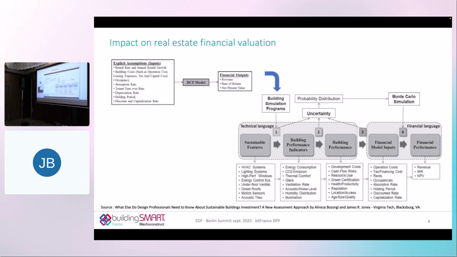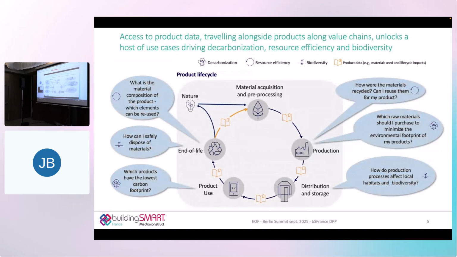So the question is how the work we do on the digital product passport, on better materials, on better construction processes, on better shapes, on having better buildings, can provide value and enable value creation for the rest of the value chain, including real estate. We should be able to connect our construction data to the computation of the real estate value.